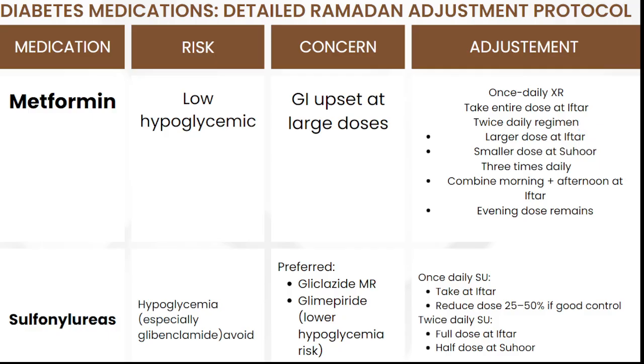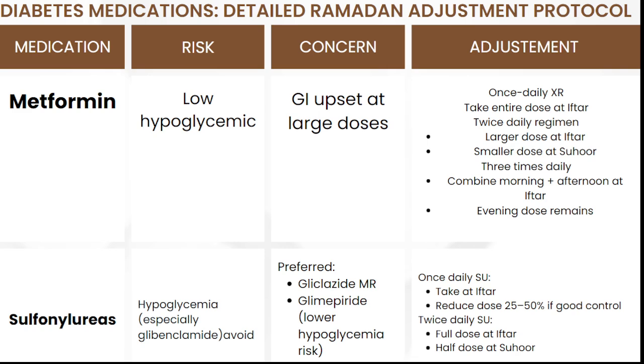But if he's taking a regimen which can't be divided equally, for example 1500 per day, I will give the larger dose, 1000, at iftar and the smaller dose, 500, at suhoor, also because of my concern about GI upset. If the patient was taking it three times daily before Ramadan, for example 500 TID, I will combine the morning and afternoon doses, which is 1000 after iftar, then 500 after suhoor.